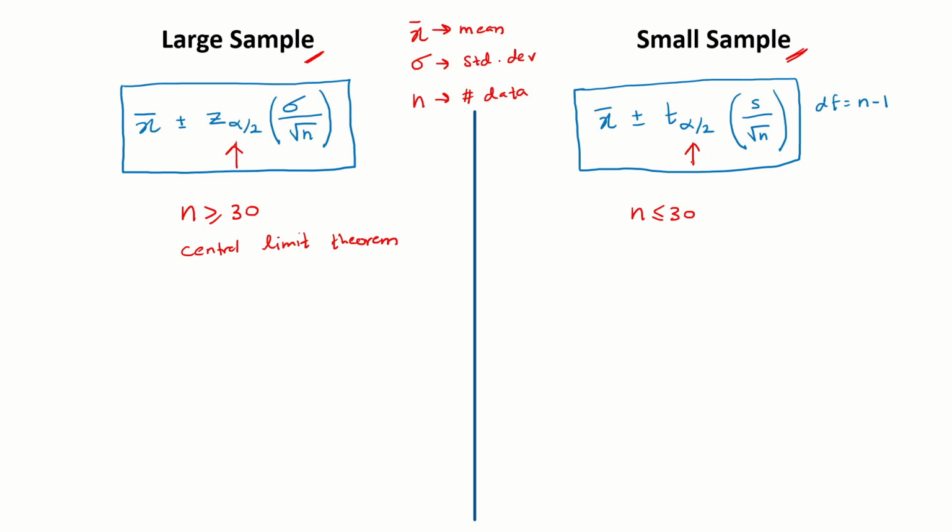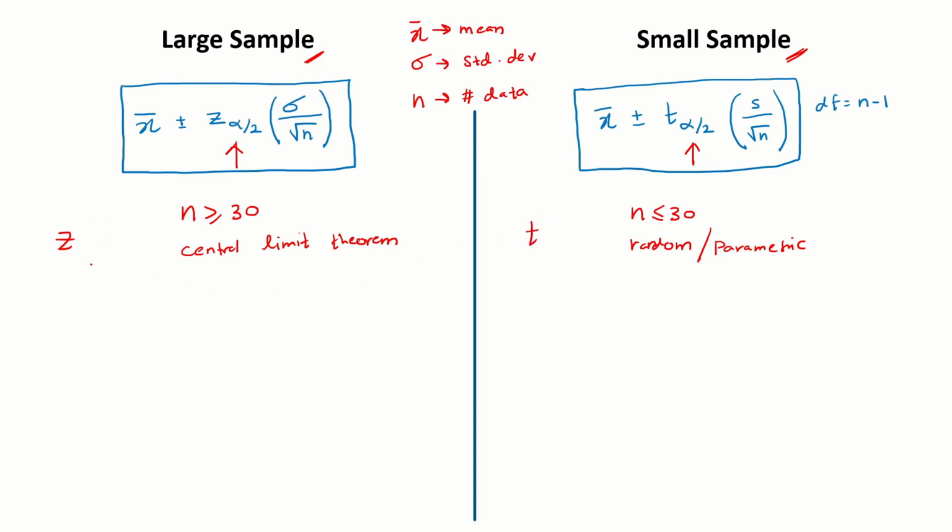To apply the small sample equation for the confidence interval, the samples also have to be selected at random, and they have to be parametric or normally distributed. So just to sum up, for the large sample, we consider the Z table or the Z statistic, and for the small sample, we consider the T statistic.